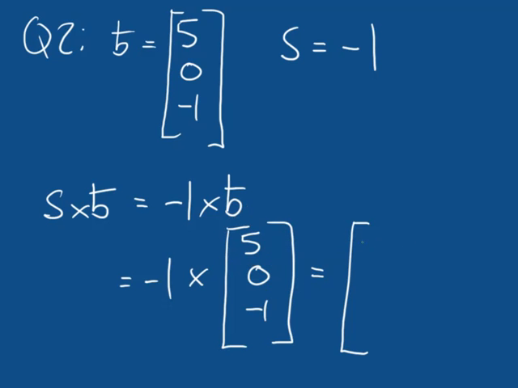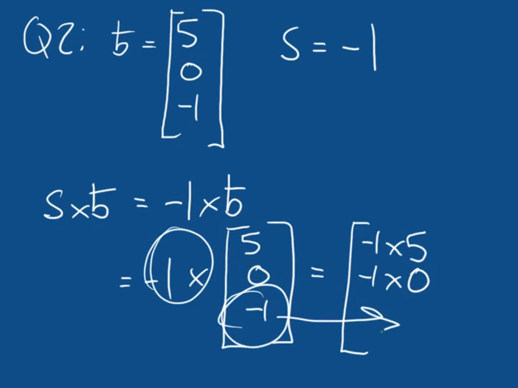So that's going to be -1 times 5. For the second component, we're going to take our scalar, -1, multiplied by the second component of our vector. So that's going to give us -1 times 0. And for the third component of our result, we take our scalar and we multiply it by the third component of our vector. So that gives us -1 times -1.